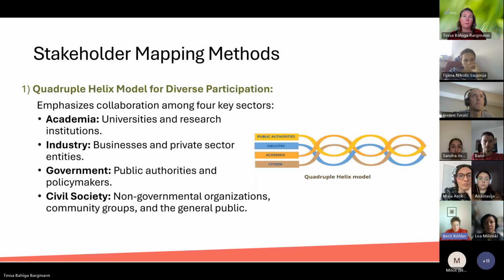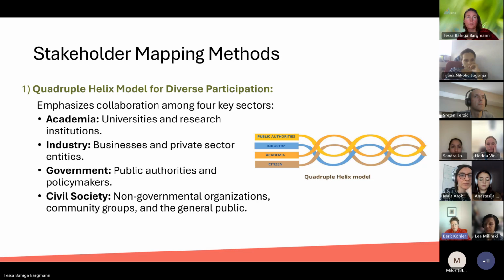Okay, let's take a look at some examples of stakeholder mapping methods. The first one is one that you encounter very often these days. It's called the quadruple helix model for diverse participation.